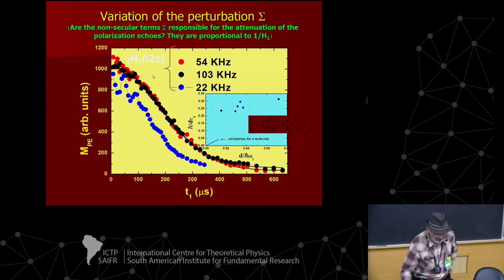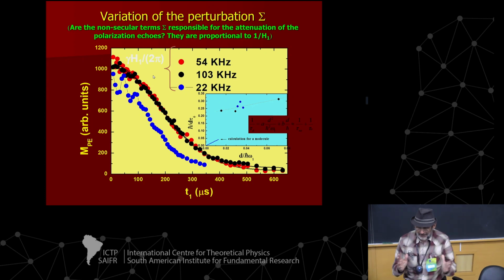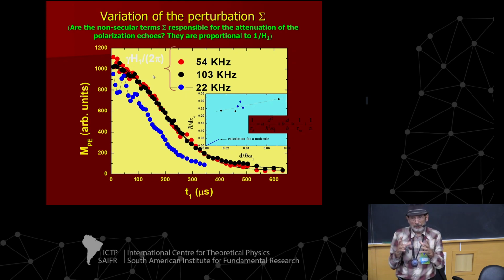Another thing that we can do is again to put the system in different magnetic fields, different strengths of the magnetic field. That's a bigger magnet, a smaller magnet, because the size of the magnet, the Zeeman interaction, decides how important your internal interaction is with respect to the Zeeman energy.